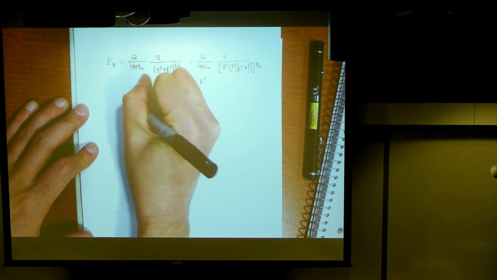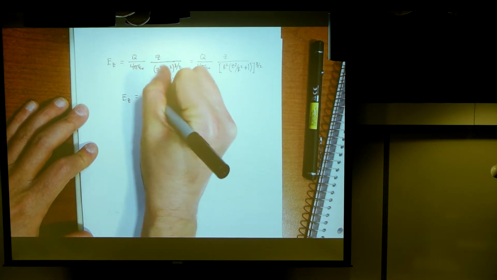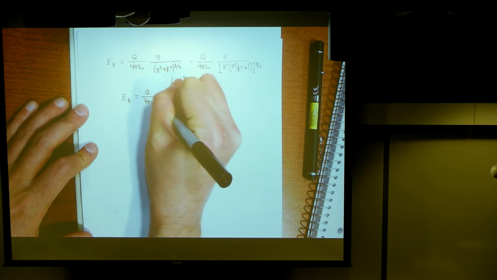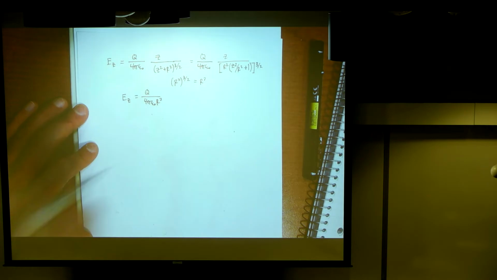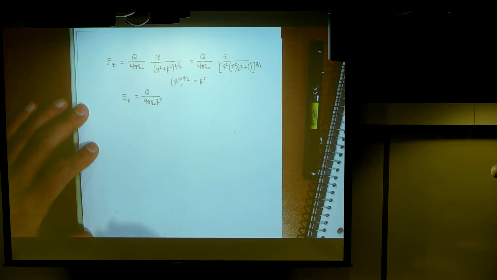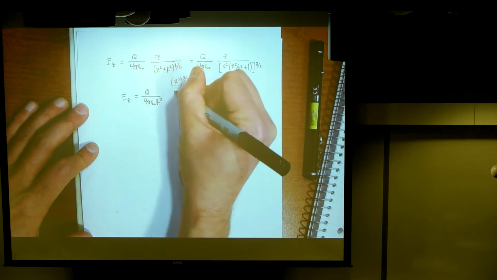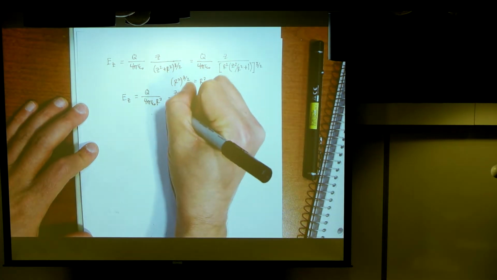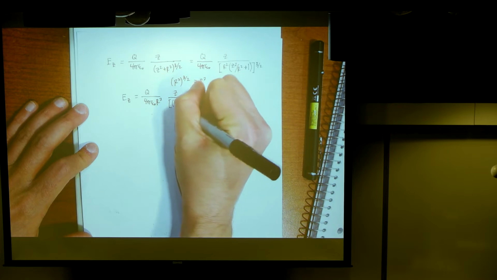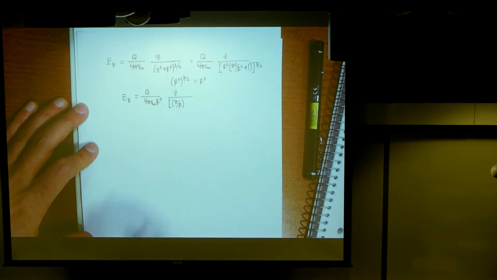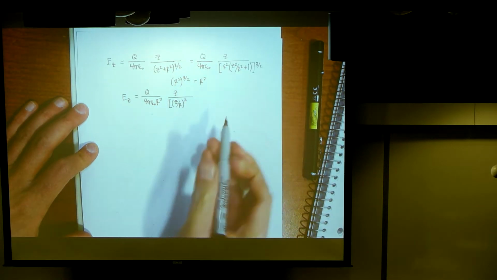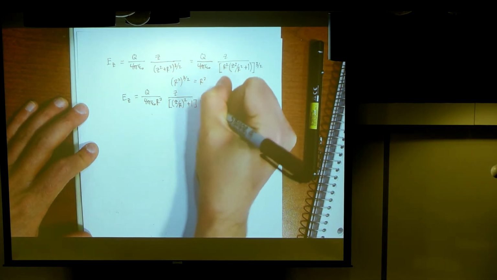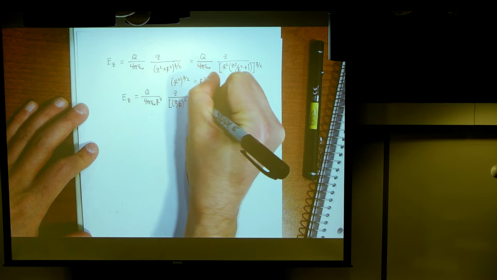So therefore we have E_z equals Q divided by 4 pi epsilon naught, and then we have r cubed right here. That's what I pulled out from the brackets. And then what we're left with is z on top. And then on the bottom, z squared divided by r squared. I'll just write it that way. That's this term. Plus 1, taken to the power 3/2, okay?